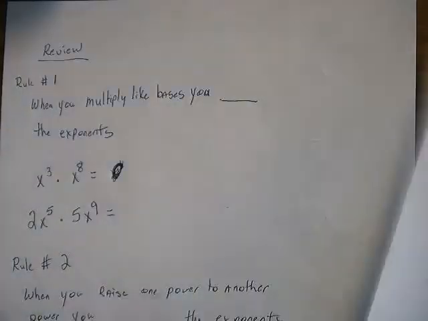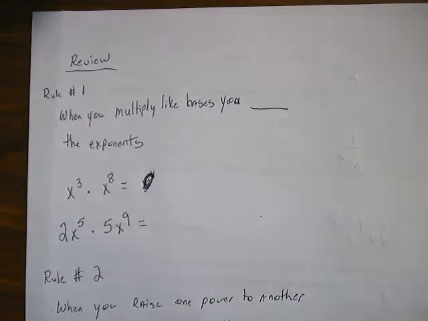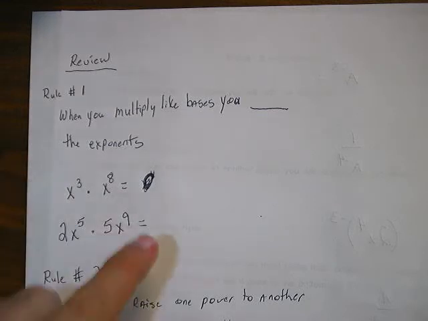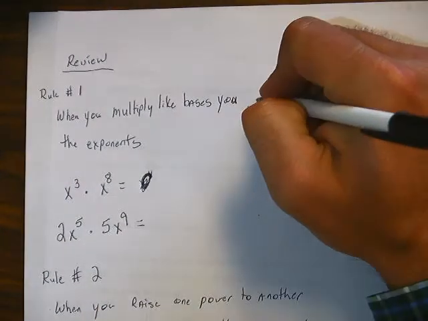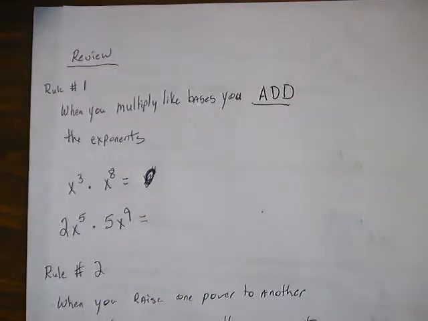Now, if you remember from last time, rule number 1: when you multiply like bases, what do we do with the exponents? When you have like bases, you add the exponents.